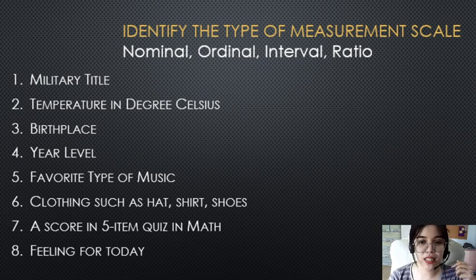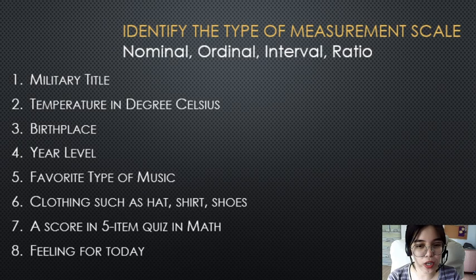O alin diyan? Military title, nominal or ordinal? O tanungin mo naman sarili mo, ito ba ay merong order or wala? So pag military title, may order. So therefore, pag may order, this is ordinal variable. Ayan. So, ordinal yung levels of measurement niya. So, as easy as that.